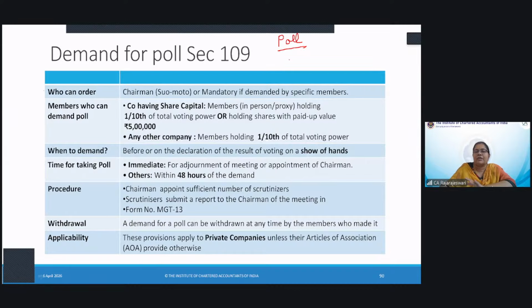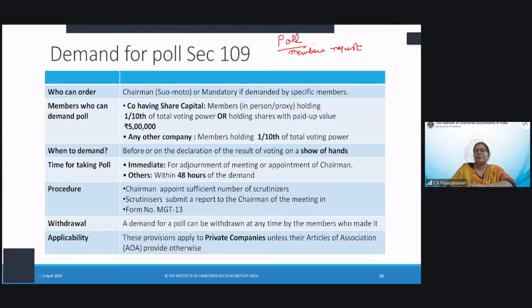Or if members give a specific request to the chairman, or in the meeting they request that a poll should be taken, then also the chairman can order the poll.